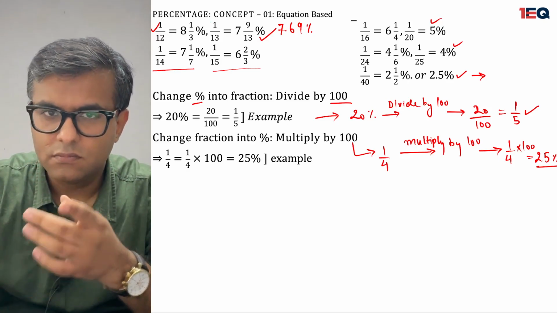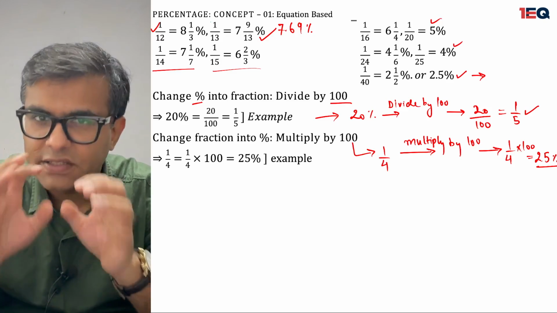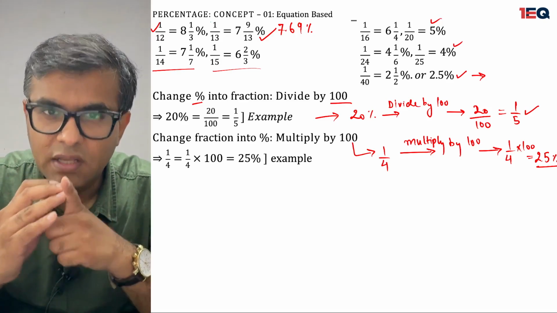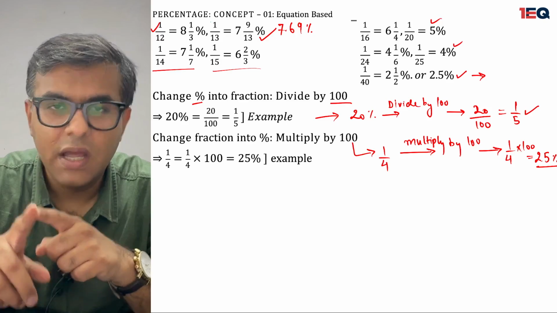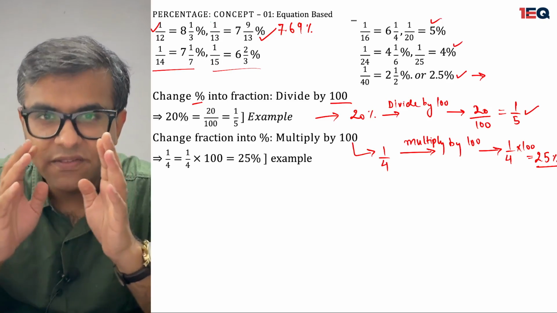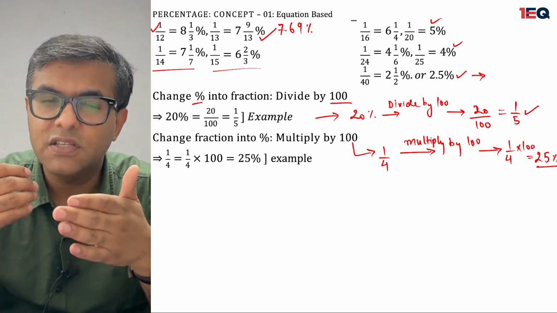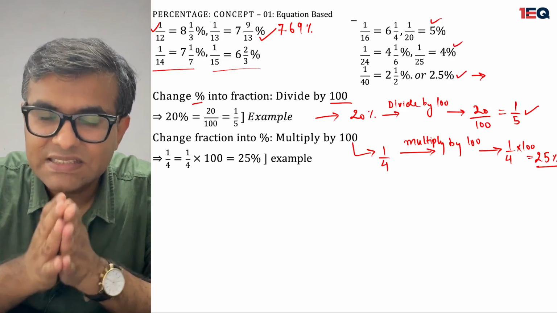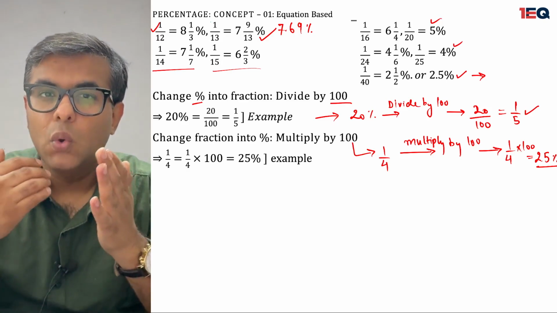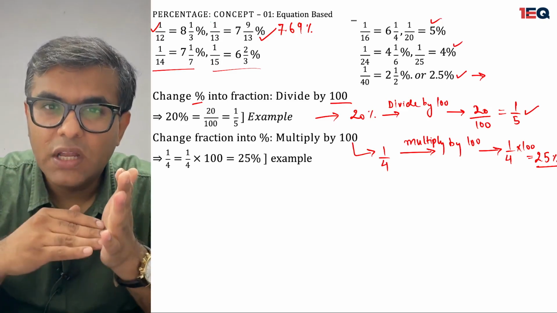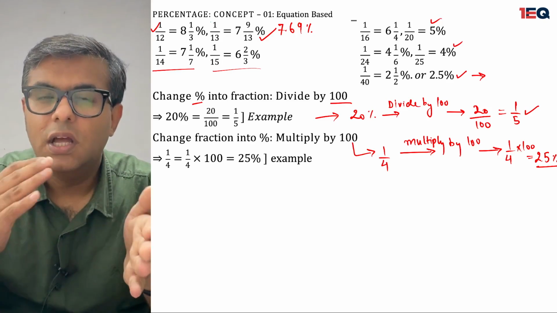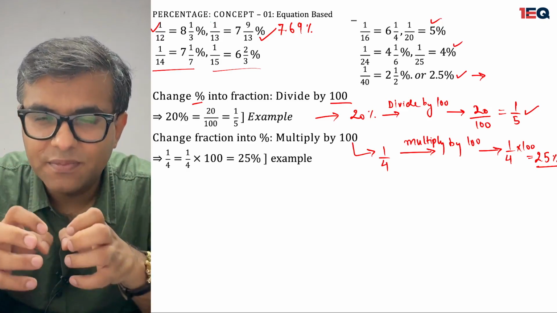Repeat after me. 1 upon 1 is 100%. 1 upon 2 is 50%. 1 upon 3 is 33.33%, and not just 33%. 1 upon 4 is 25%. 1 upon 5 is 20%. 1 upon 6 is 16 2 by 3%, or 16.66%. 1 by 7 is 14 2 by 7%, or 14.28%. 1 by 8 is 12.5%.